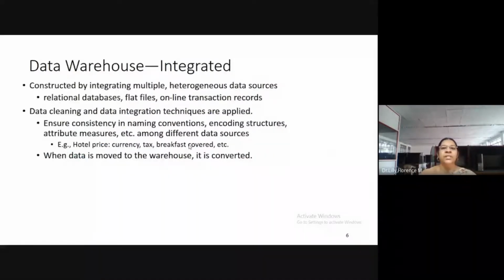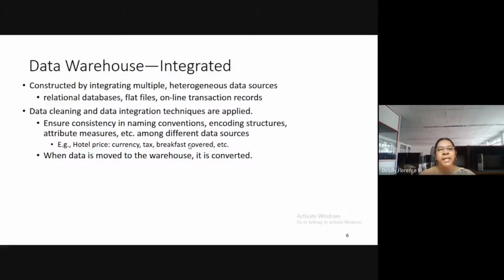The next keyword is integrated. How do we get data for a data warehouse? There are different sources. The data will be extracted from different sources, integrated together and placed as one data warehouse.